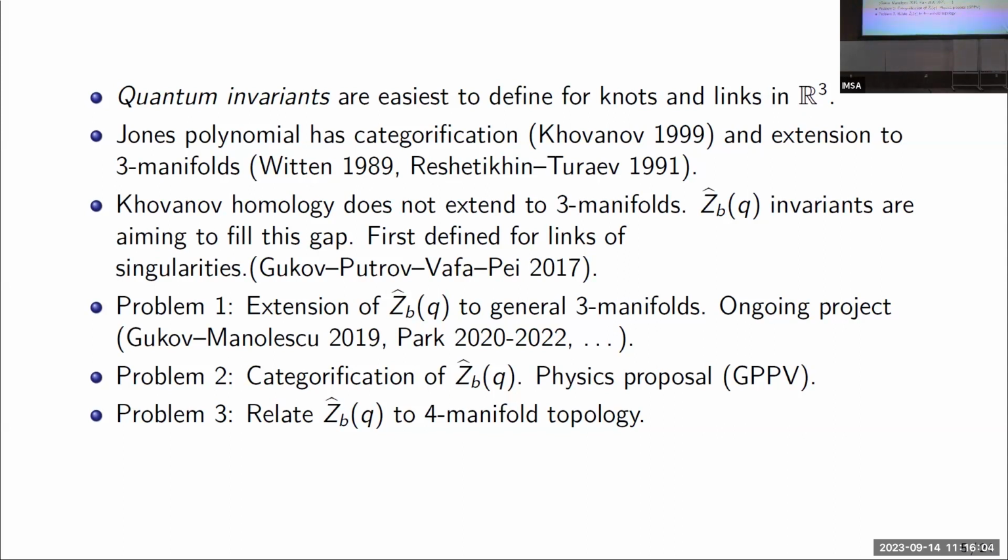So there is a hope that once we categorify these invariants, they could lead to some interesting invariants of four manifolds. And in this sense, we are getting back to singularities, because singularities are basically four manifolds, right? I mean, you can resolve the singularity, you get a four manifold with the boundary being the link. So our work is related to problem 3.